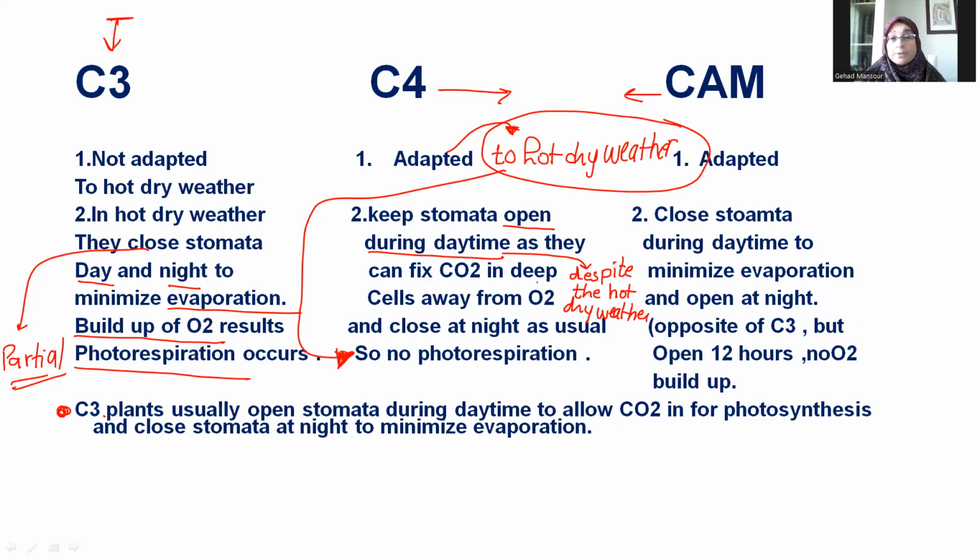Why? Because they are not afraid, or they are not worried, about the fixation of oxygen by Rubisco. Why? Because in this way, when they open during daytime, first of all, there is no buildup of oxygen. Second, they can fix carbon dioxide in deep cells away from oxygen.